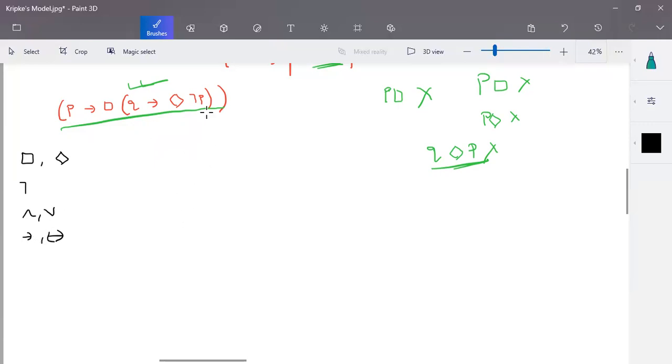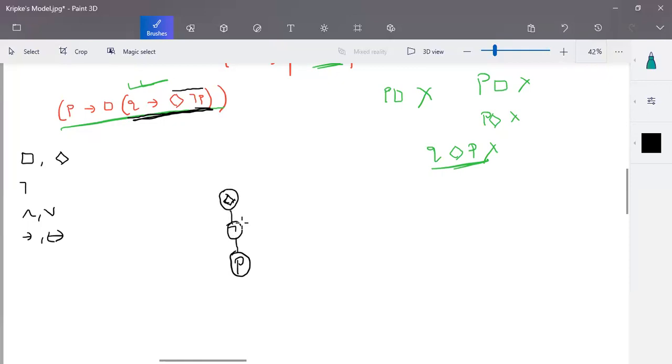Now for this statement, let me draw a parse tree structure for it. First, I have to do it for the part in the brackets, and then over here. First it is P connected using a negation. Follow the sequence here.